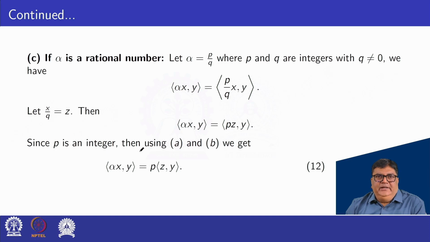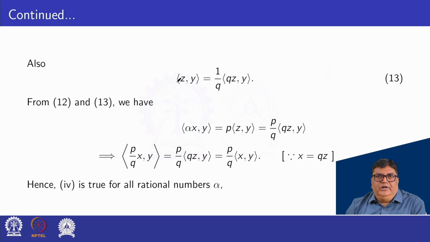Since p is an integer, using the above A and B, whether p is a positive or negative integer, we can write p outside, that is p into inner product of z, y. This is equation 12.